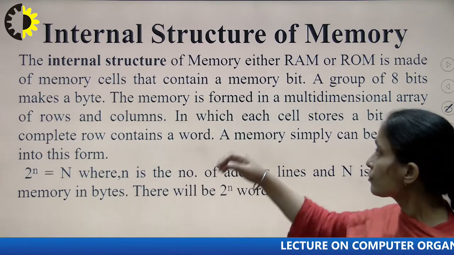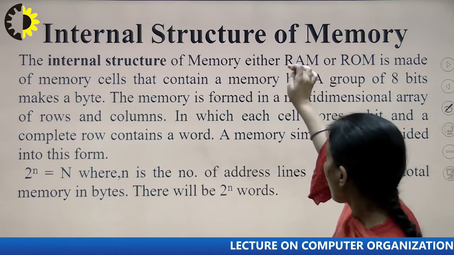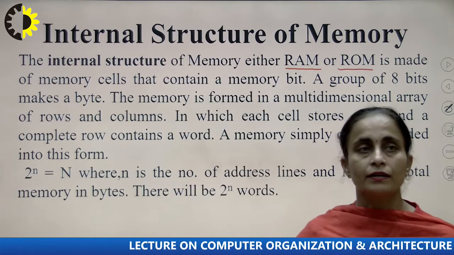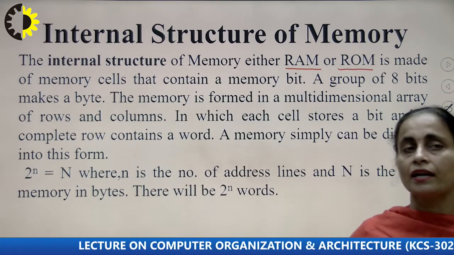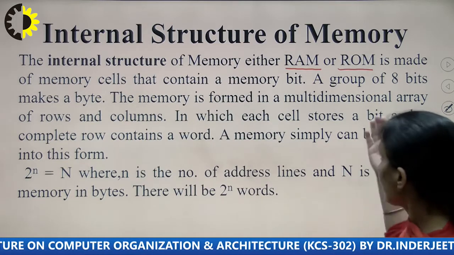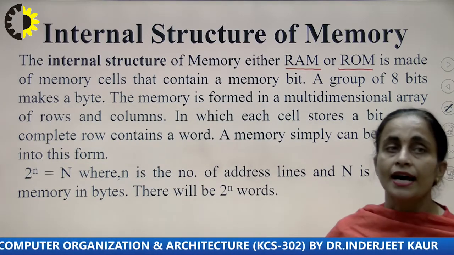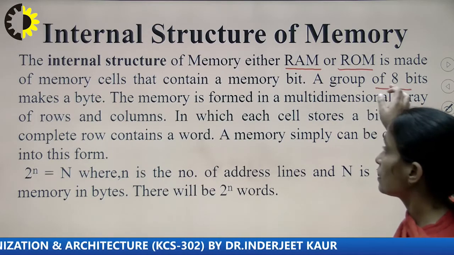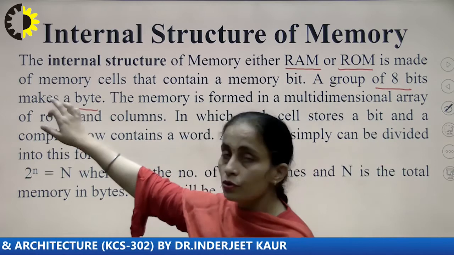The internal structure of memory, if I am discussing the main memory, then I can categorize my main memory as RAM or ROM. It is made up of memory cells that each contain a memory bit, and a group of 8 bits makes a byte. It is known to everybody.